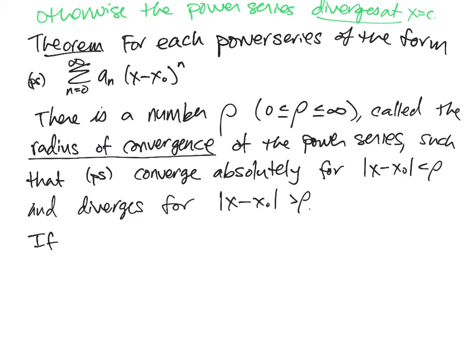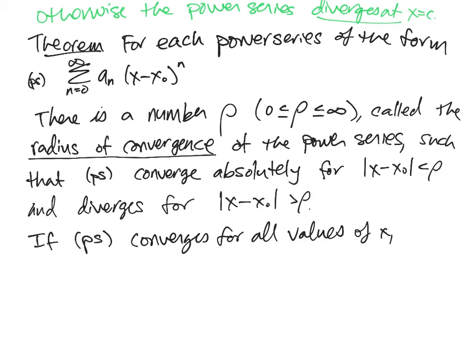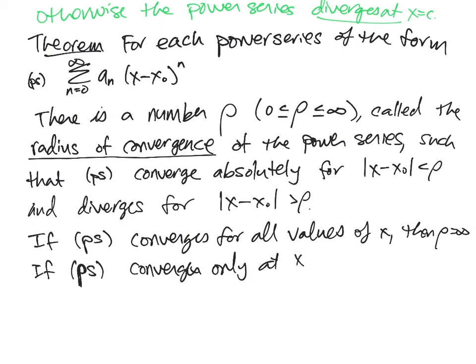So if the power series converges for all values of x, then we say rho equals infinity. And if the power series PS converges only at x_0, then we say rho equals 0.